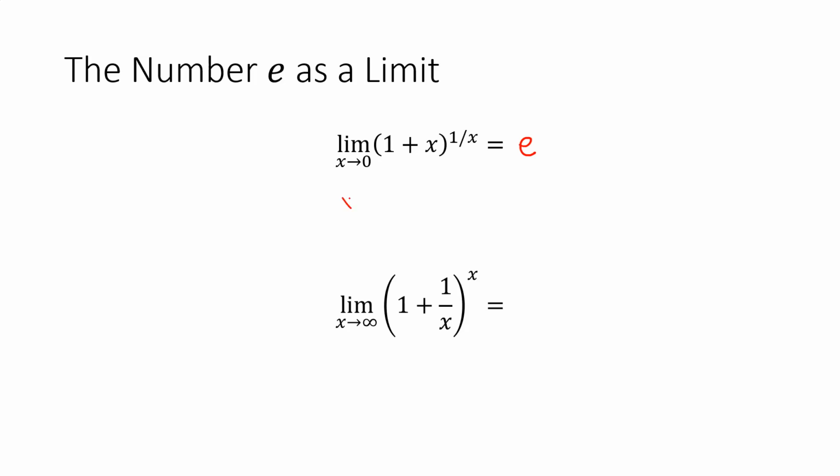So if I set x equal to, say, 1 over t, then of course as x approaches 0, 1 over t goes to infinity, in this case from the right.